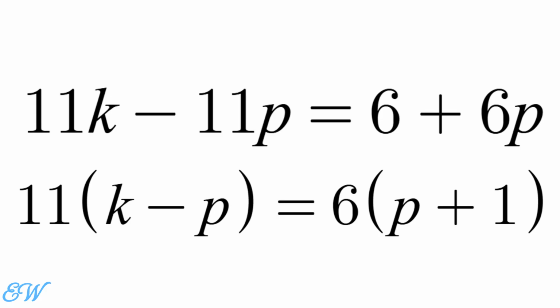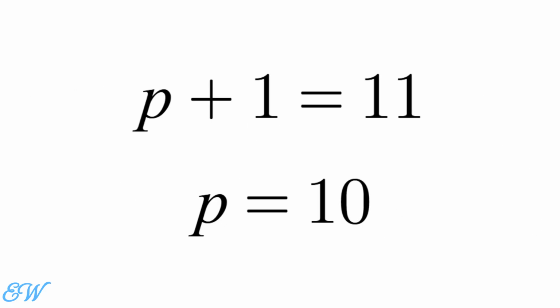So then we move all the 6 numbers to one side and all the 11 numbers to another side to factor. So we get 11 times k minus p is equal to 6 times p plus 1. Now, once again, we know that 11 is a prime number, and it must divide 6 times p plus 1.